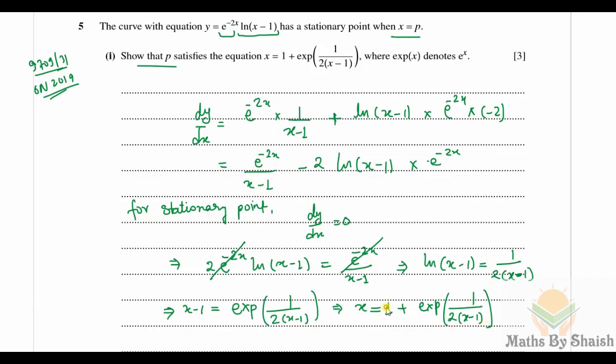So now it is at a stationary point, so at a stationary point x is equal to p, so p is going to satisfy this as well. So I hope it is clear. Let's do the next part of this question.